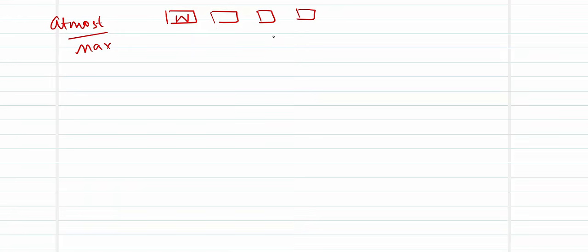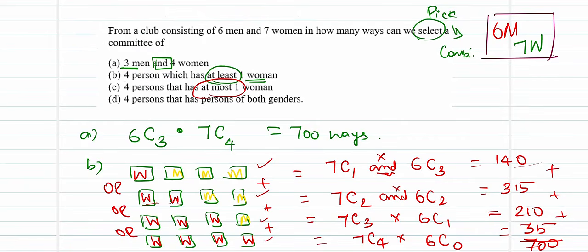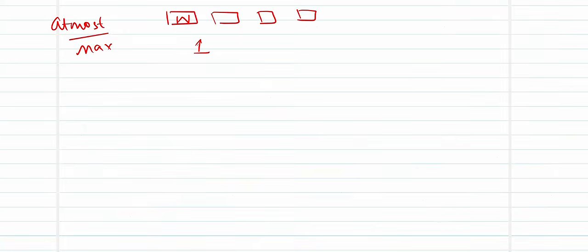So what is going to be the criteria now is going to be that for men. So what happens over here, I can have at most 1 woman over here.